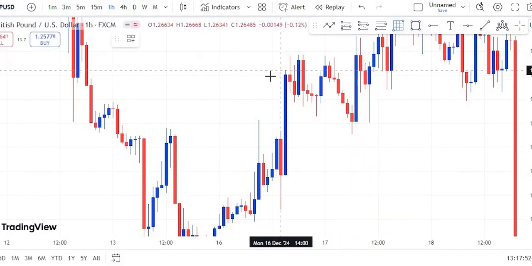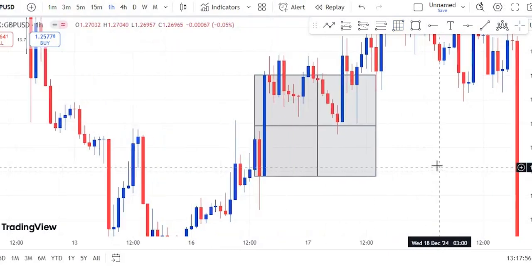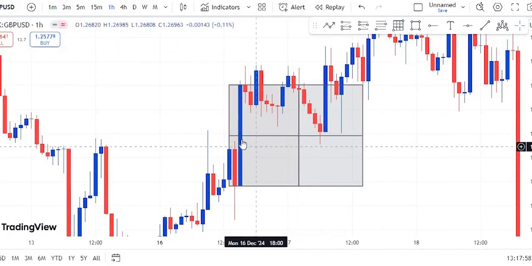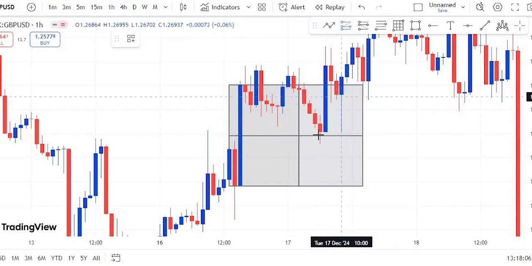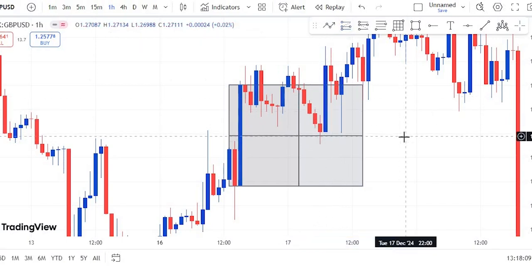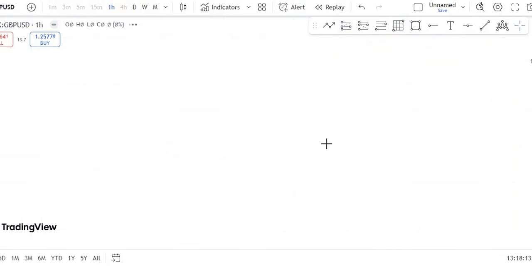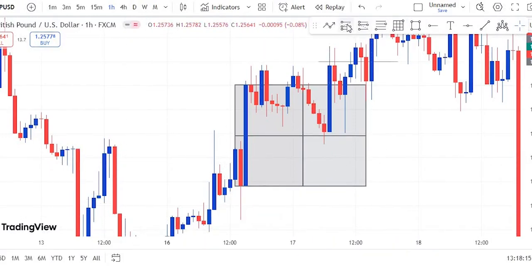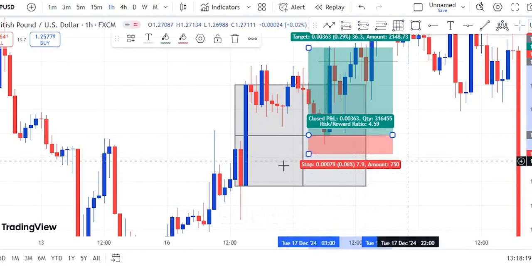I will take our Gann box from the body, top and bottom, and you see it immediately taps into the Gann box and bounces off the zone. That is one of a kind, a sweet trade right there.